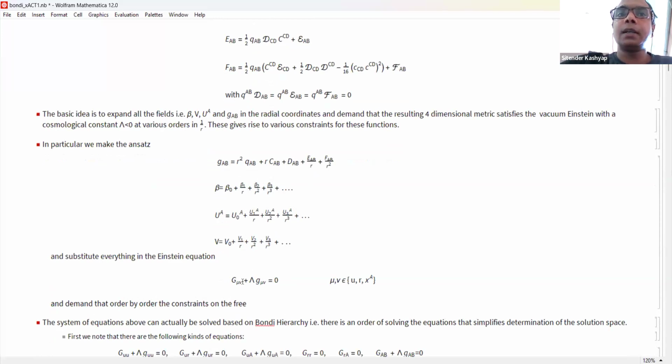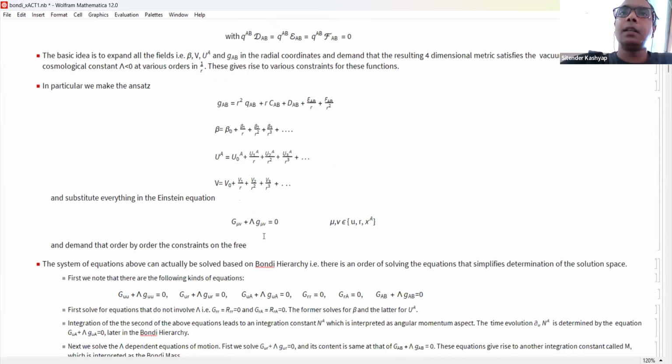Demanding that the Einstein equation do get solved fixes some of these functions, like for example beta 1, beta 2, or relates these quantities among themselves, as Amitabh had already shown in his talk. In this talk, we will see how we can get those relations explicitly by making use of xAct.